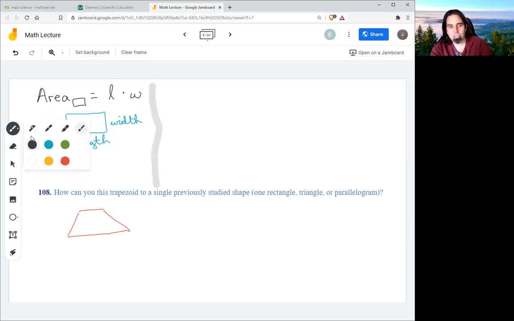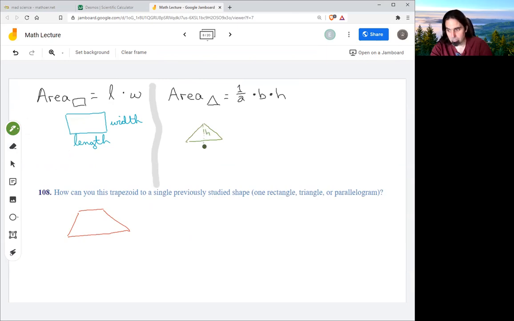And then we built off that, and we had the area for a triangle. And this turned out to be 1/2 times base times height. And we got that because we said, here is our triangle, and it has a height, and it has a base. And I don't know what to do with that.